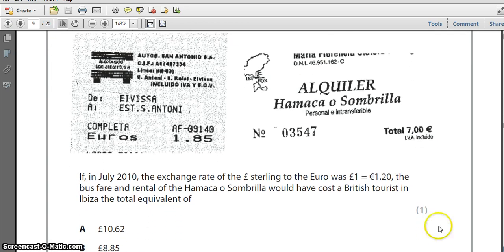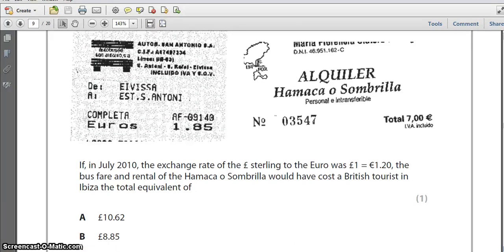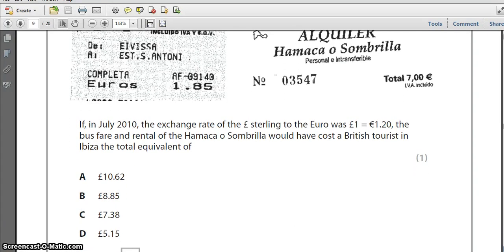It gives you the exchange rate: £1 is 1.2 euros. What you have to do is work out the total cost to a British tourist of buying, €1.85 plus €7, so €8.85 it's saying. That's how much it costs in euros, and they want you to calculate what that would be in terms of pounds.